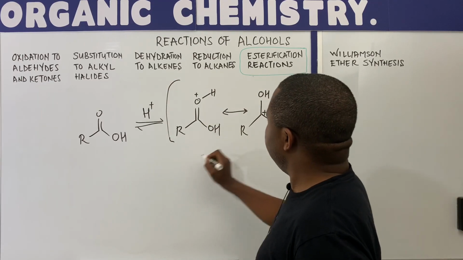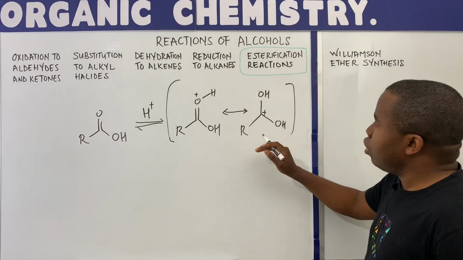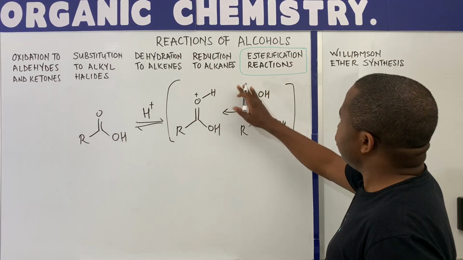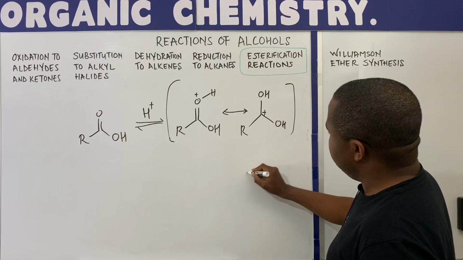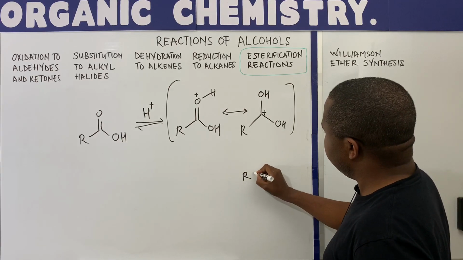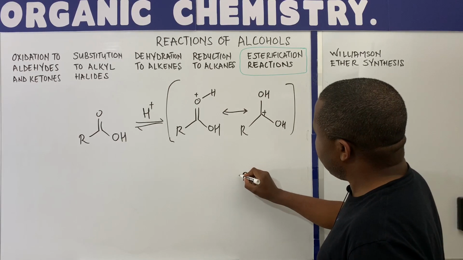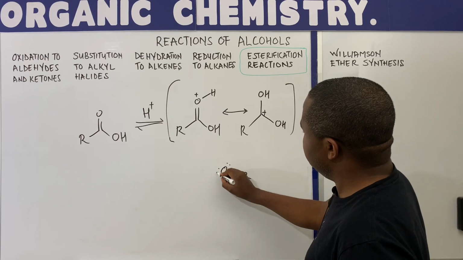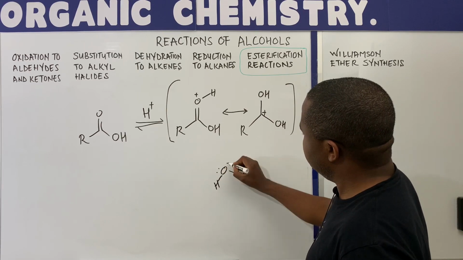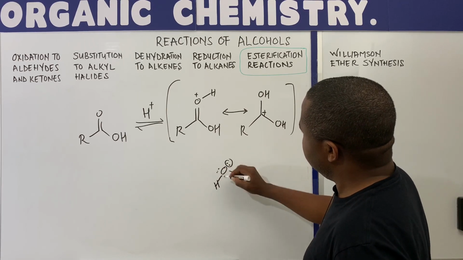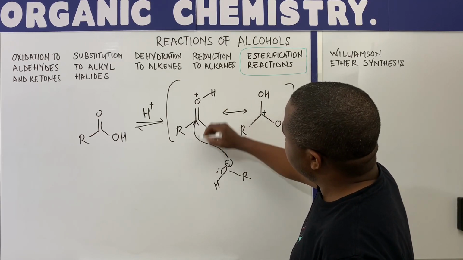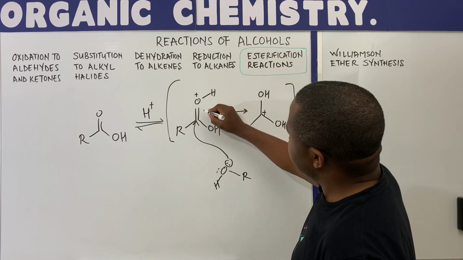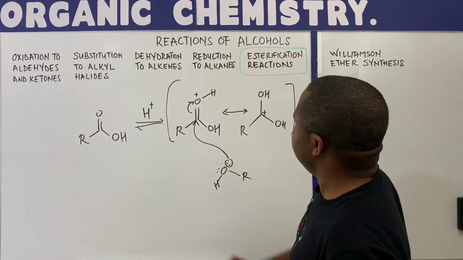Once this is formed, the carboxylic acid has been protonated. So the alcohol is going to attack the carbon here, and this is going to go this way.